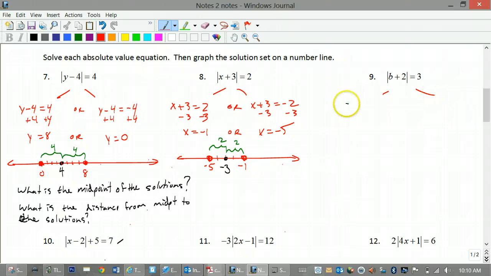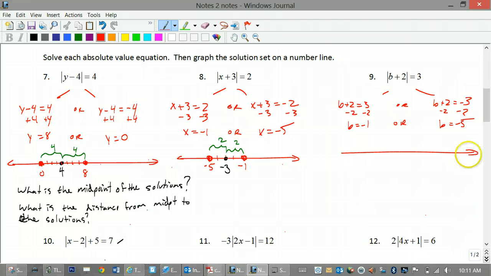Minus 2. Or same story. We get, wait, that's a positive 1, isn't it? Same story, we're going to graph it. It should be a positive 1. 0, negative 1, negative 2, negative 3, negative 4, negative 5.